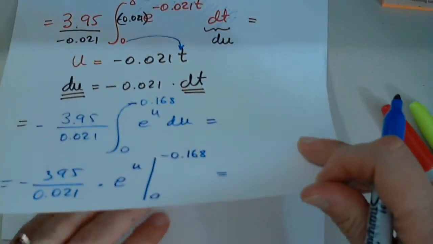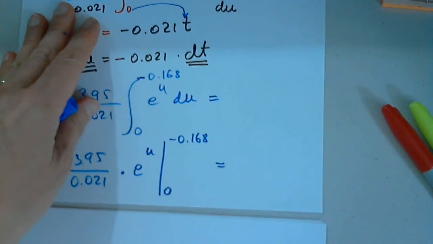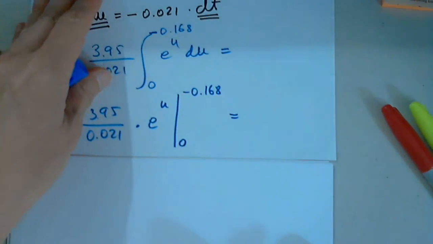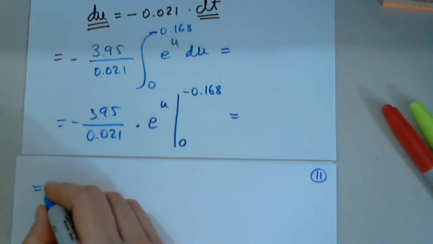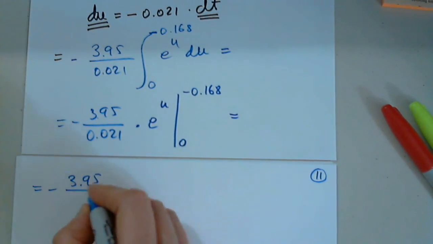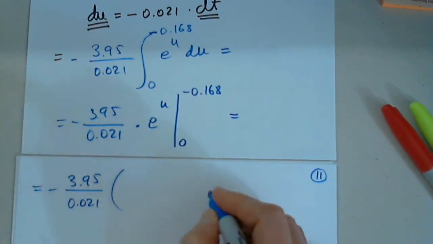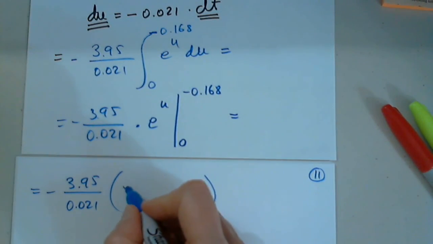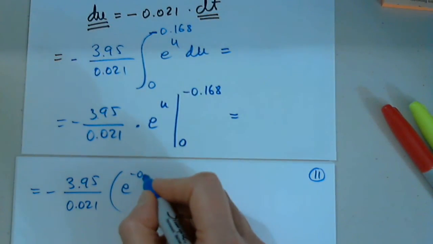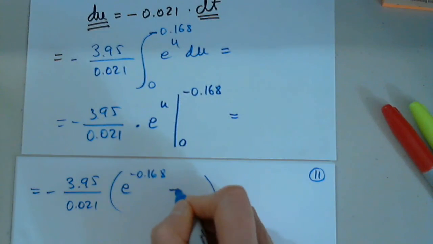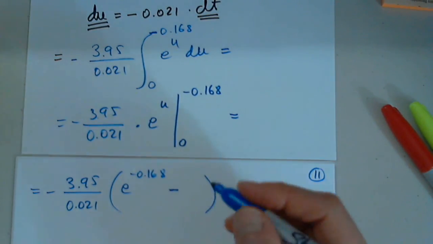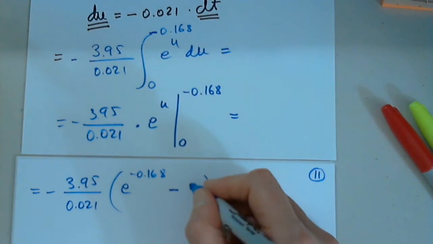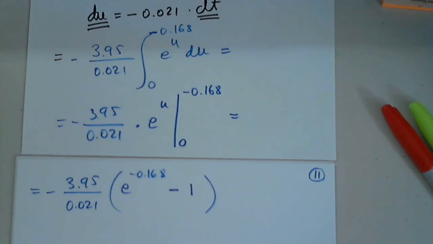We plug in the top and subtract what we get when we plug in the bottom. So negative 3.95 over 0.021, leave it alone, times e to the negative 0.168, minus, when I plug in 0, I get 1.